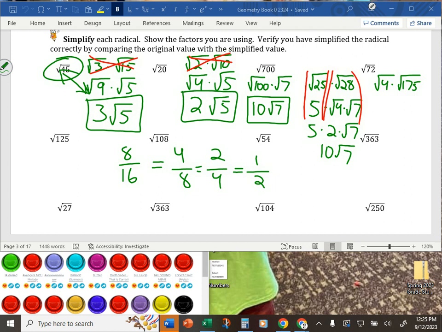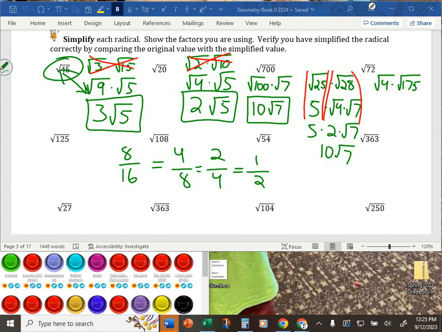So then basically you just do the same as 10 root 7. If you don't use the largest perfect square, which we didn't, 25 is not the largest one, 100 is, you run into this situation where that other factor can also be simplified. In this case, we simplified root 28 by writing it as root 4 times root 7, because 4 times 7 is 28. That root 4 is a perfect square that equals 2.